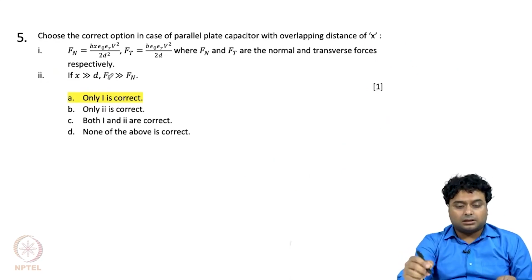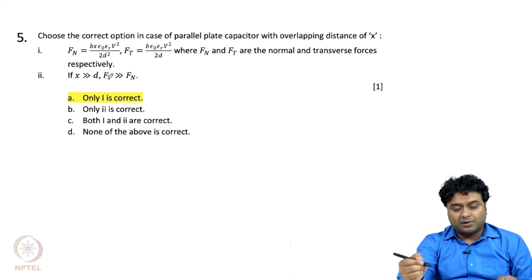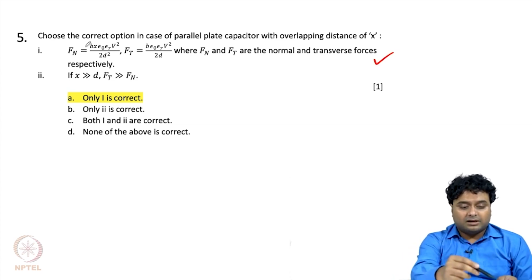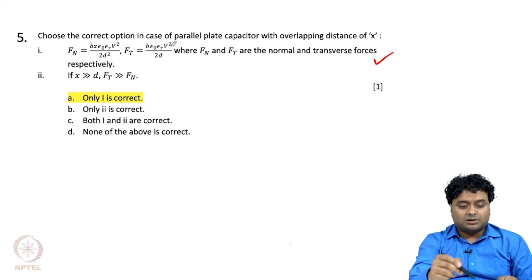Now the next is for the parallel plate capacitor. The normal force and the tangential or transverse force between two plates of a parallel plate capacitor we have already discussed, and we know that the first option is correct, where the normal force is given by b epsilon naught V square divided by 2d square, and the transverse force is b epsilon naught V square by 2d.